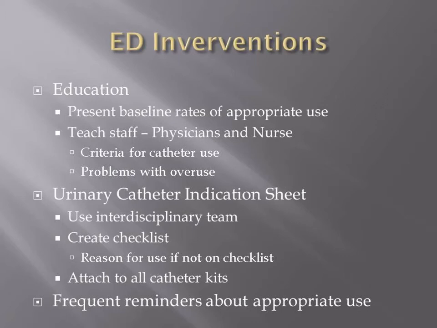So not only do physicians need to be taught, the nurses need to be taught, and in addition, the staff in the emergency department, everyone has contact with patients. By giving the staff members specific criteria for use, as well as teaching them about problems of overuse, hopefully these infections can be prevented. And quite commonly, people are using urinary catheter indication sheets these days.